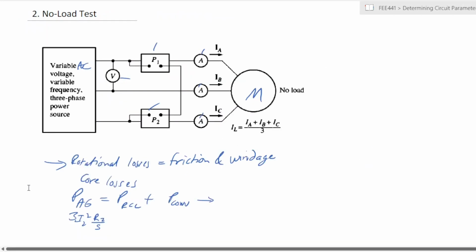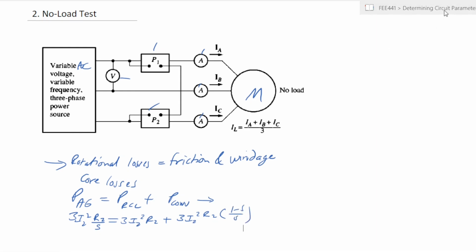That element is split into two: 3I2 squared R2, which is the value of the resistance of the rotor itself, the rotor windings, and 3I2 squared R2 into (1 minus S) over S, which we had determined previously.